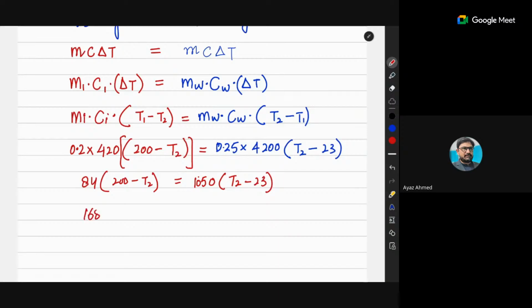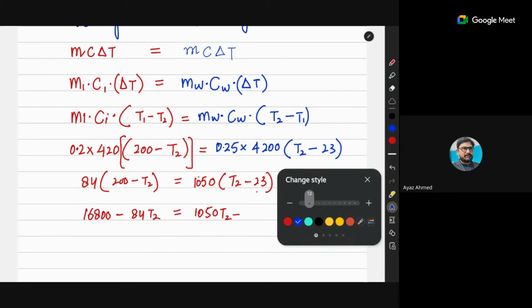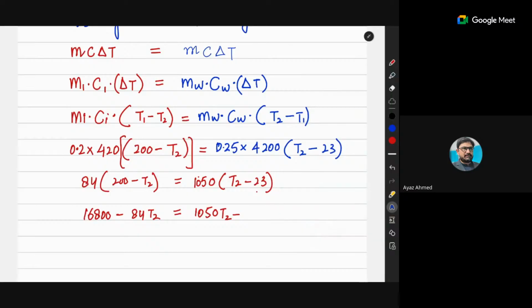Very good. 16800 minus 84 times T2 equals 1050 T2 minus, what will this be? 1050 into 23? 24150.